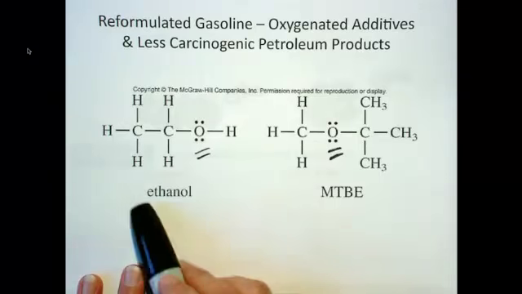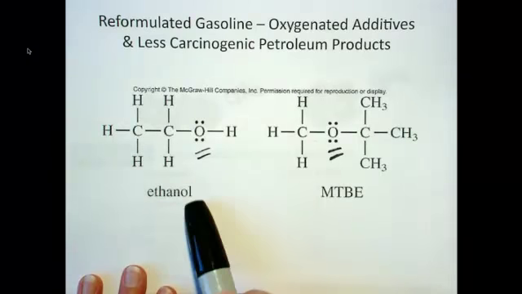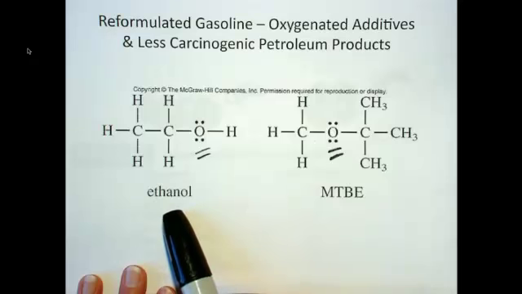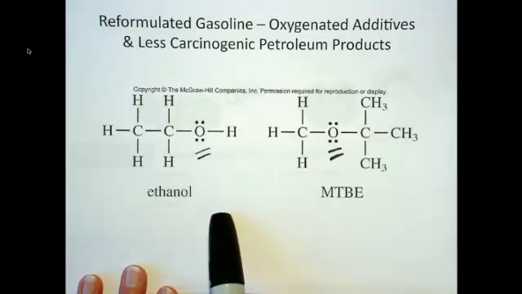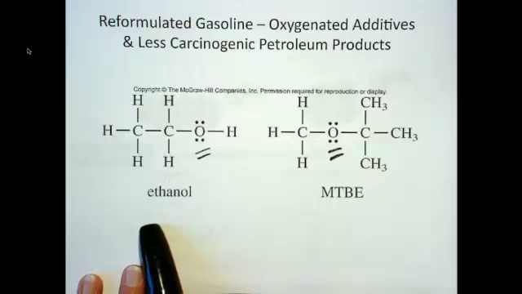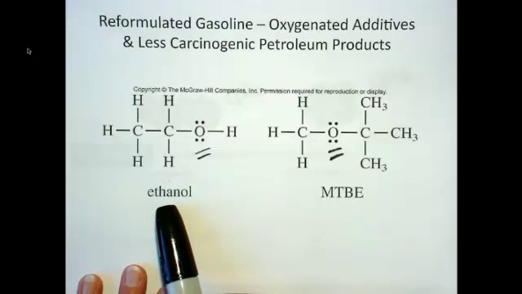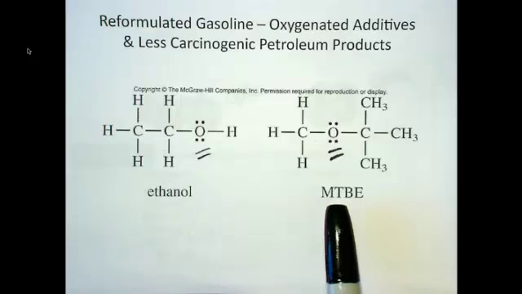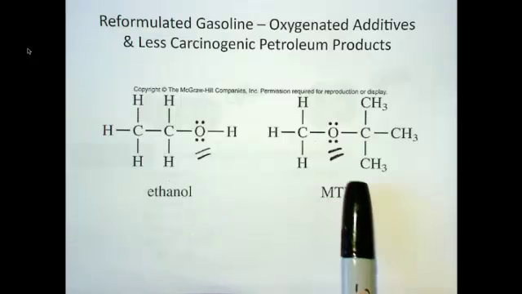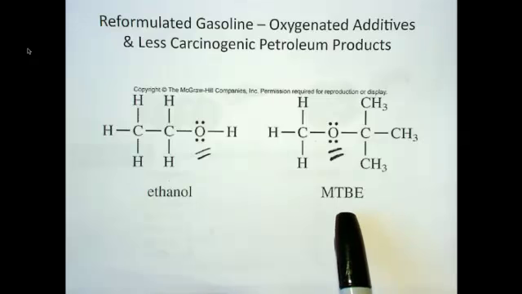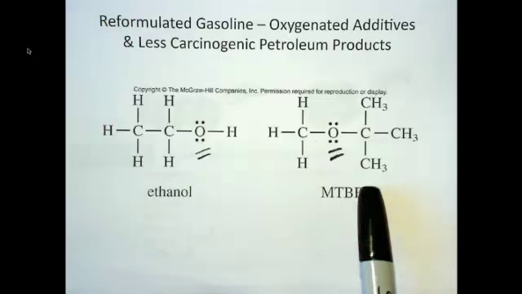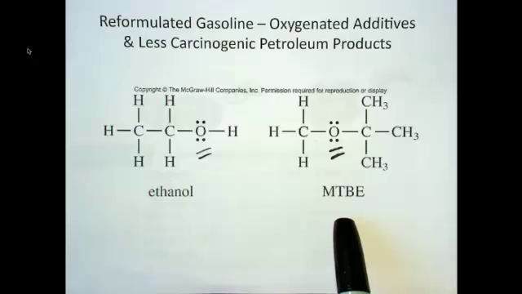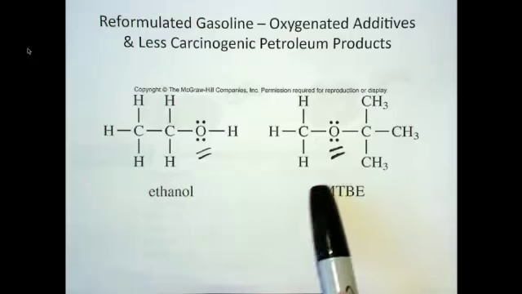Now you can read about this, and we'll talk a little bit more about the issues around ethanol, since a lot of it's made from corn, and corn could be used to feed hungry people around the world. There's a bit of an ethical issue of using ethanol. And then also the methyl tertiary butyl ether was a great oxygenated additive, but as it turns out, it is a carcinogen itself, and it gets into the groundwater from being so much in the environment.